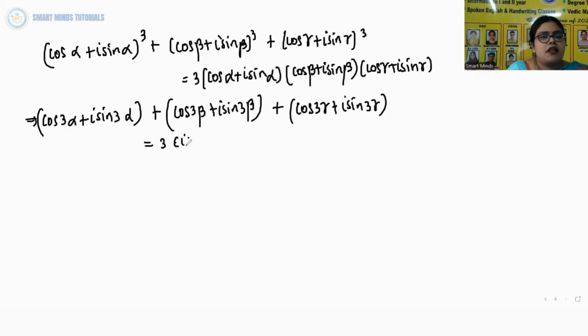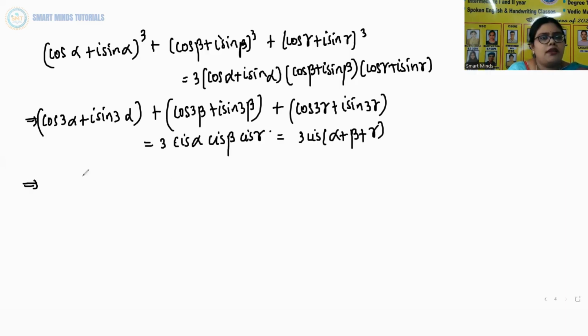So this is cis alpha, second bracket is cis beta, third bracket is cis gamma. But from cis properties, we know that cis A into cis B is cis(A plus B). So we can write this as 3 cis(alpha plus beta plus gamma). We are using cis properties here.